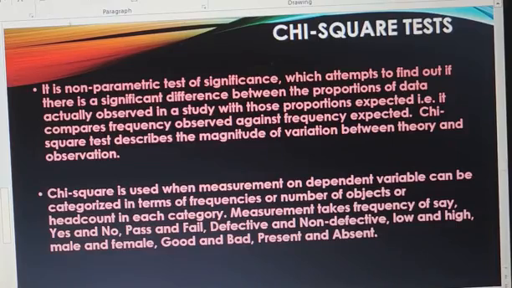Test variable not dichotomous with two categories specified. Chi-square is used when measurement on the dependent variable can be categorized in terms of frequencies or number of objects or head count in each category. Measurement takes frequency of say, yes and no, pass and fail, defective and non-defective, low and high, male and female, good and bad, present and absent.